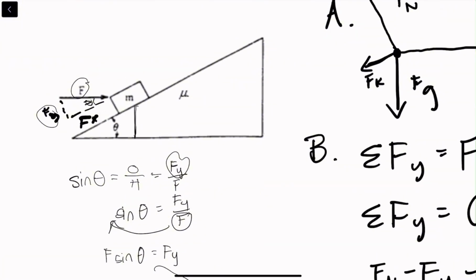We know Fg is going this way, right? And if we make a triangle here, we'll notice that this is a right triangle. And that we can solve for this angle using this one. A property of triangles is that all angles always have to add up to 180. And since this is a 90-degree angle, we can call this theta 2. And these two, theta plus theta 2, have to equal 90.